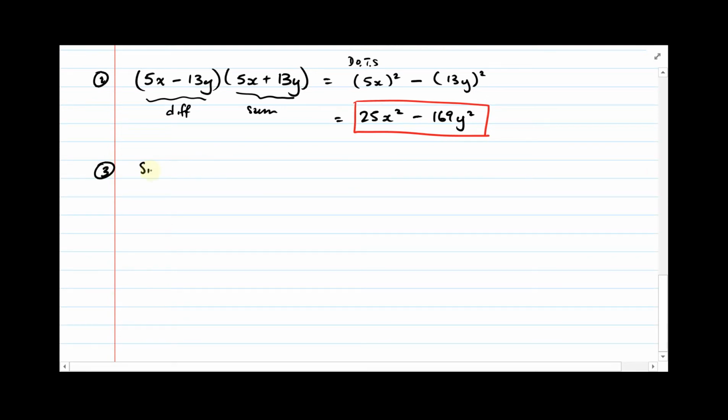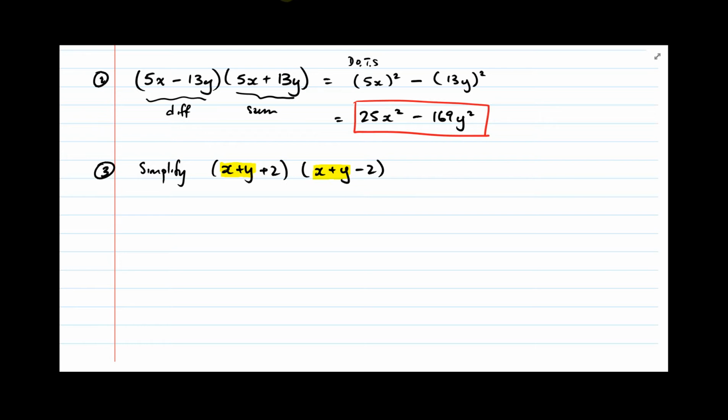If we gave you to simplify x plus y plus 2 and x plus y minus 2, I don't know if you realize that essentially these are the same terms, and you're adding 2 to it or subtracting 2. So it's a sum and a difference also.